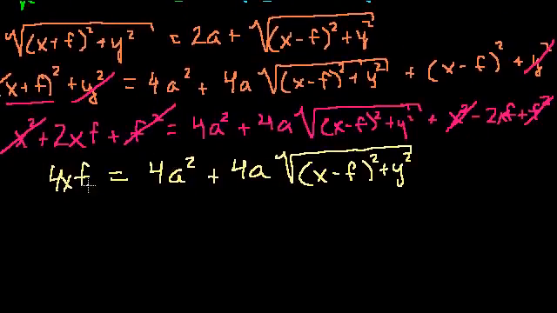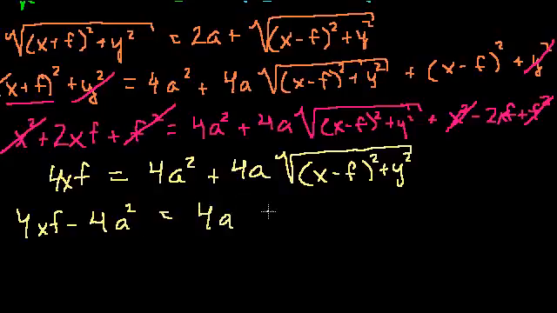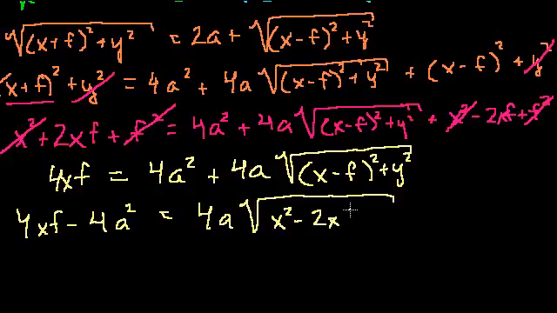So let's take this 4a squared and put it on this side. So you get 4xf minus 4a squared is equal to 4a times the square root of, well, let's just multiply this out, because we'll probably have to eventually, x squared minus 2xf plus f squared plus y squared. That's this, just multiplied out.